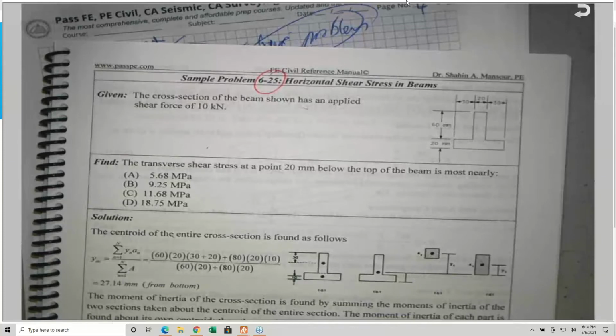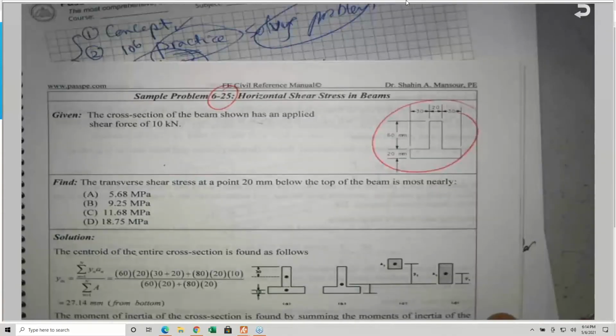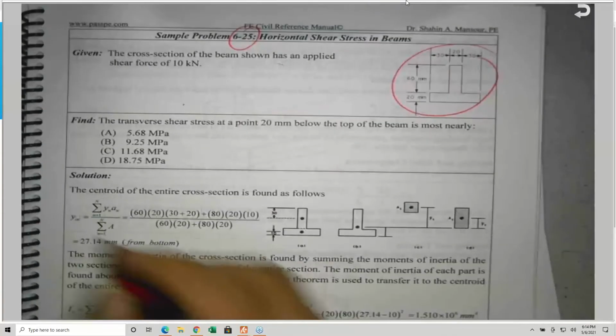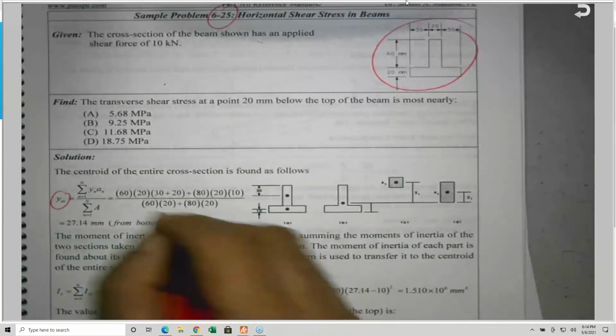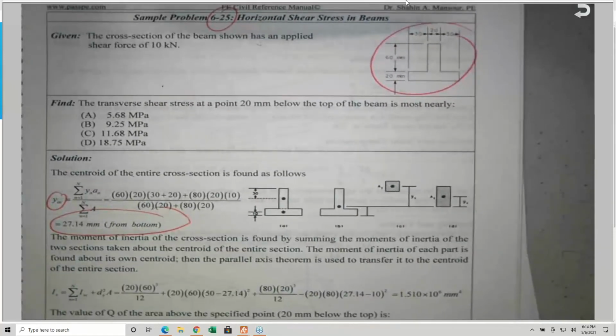This is a T-beam again, an inverted T-beam. First, we need to locate the centroid, which is, again, a very good exercise, and I need you to know how to do that.